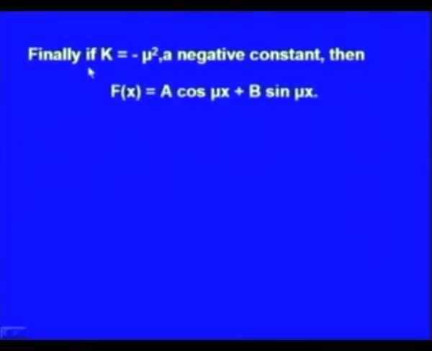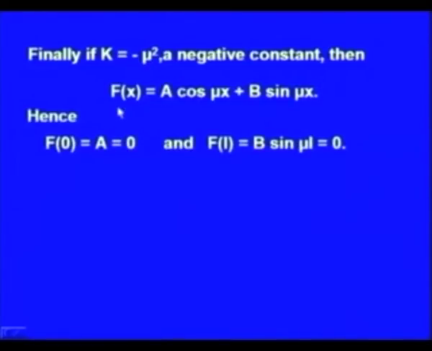Let us now consider k to be negative, and since k is negative constant, we can take it as negative of mu square. Then the second order differential equation for f leads us to this solution, f(x) equal to a cos mu x plus b sin mu x.